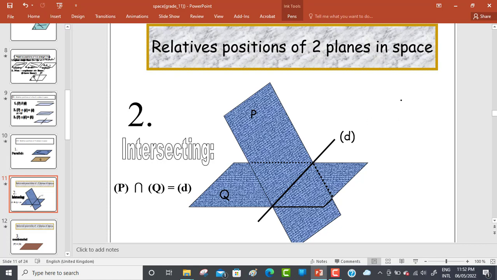So if you need to draw two intersecting planes, you draw a plane P this way, and this is another plane Q. These two planes are intersecting, and their intersection is this line delta. This is the line of intersection.